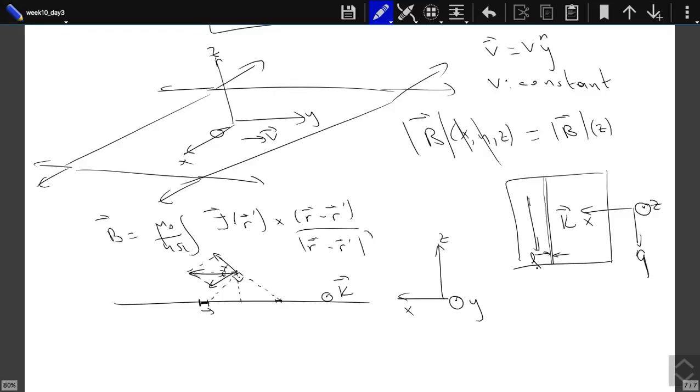Any other questions? So now, are you convinced that the magnetic field above this plane is horizontal and in this direction? Well, I can repeat the same argument for this other point over here. This segment will create a magnetic induction at this point in that direction.